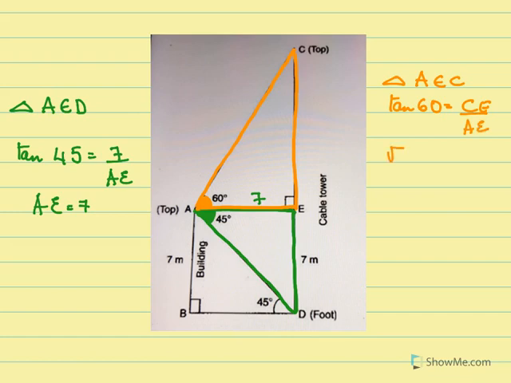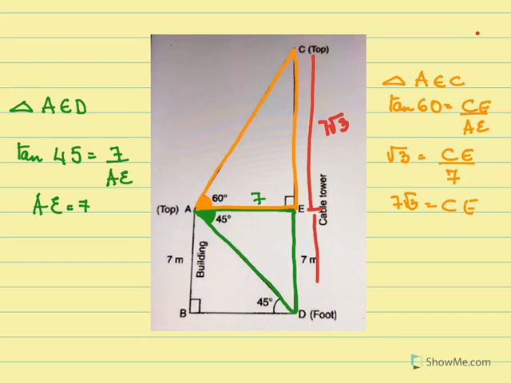And we calculated this. It was root 3; your CE you do not know, but AE was already 7 because we found it out earlier. And you found CE as 7 root 3. And then you added up both. This was 7 root 3, and then this was 7. You added up, you got the entire tower.